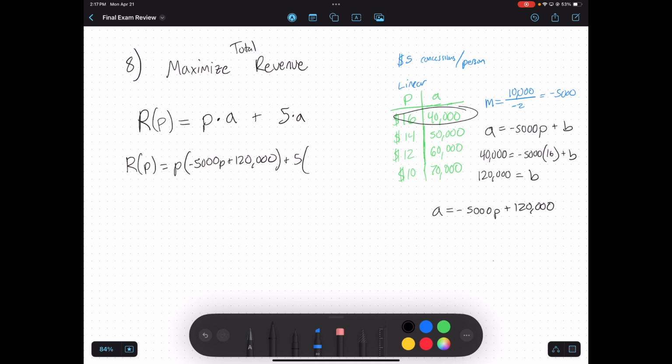Plus 5 times negative 5,000 P plus 120,000. Okay. And that gives you, after you multiply everything through and simplify, negative 5,000 P squared plus 95,000 P plus 600,000.